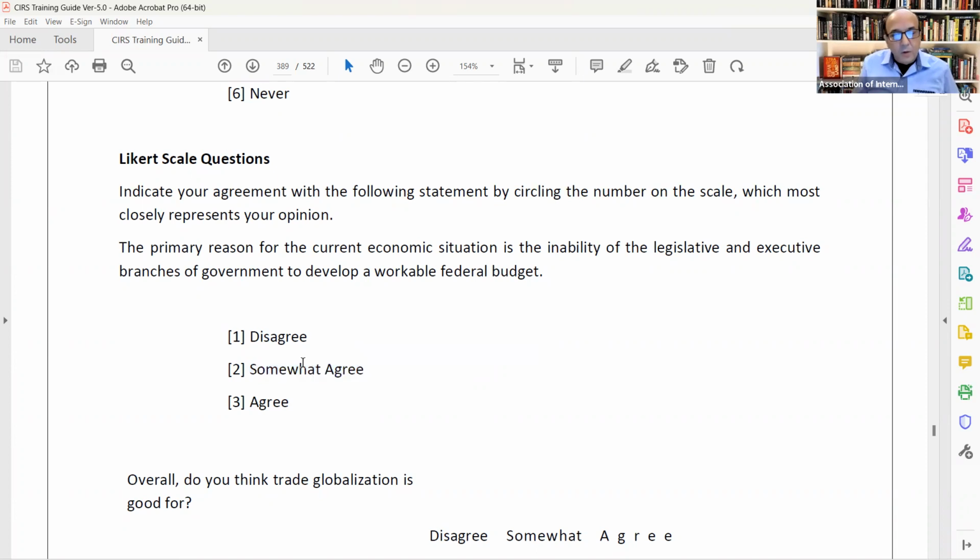So when you have agree and disagree, these two could be dichotomous, but when you add something in the middle, which is a neutral idea, you would call it a Likert scale question.